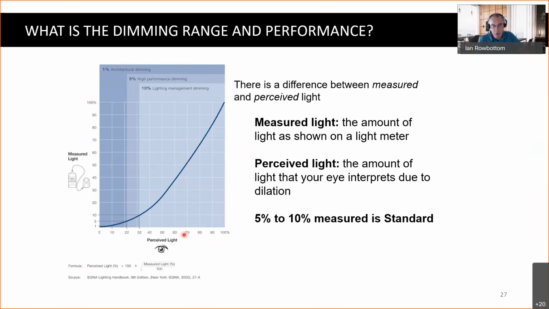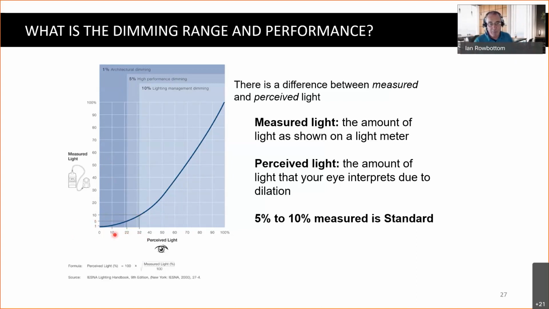So this gets a lot worse. Dimming for LED is typically standard between 5 and 10%. So if I buy a 10% fixture and I put this on this IES curve, it turns out that my brain, instead of thinking the light is at 10%, to me, it looks like it is at 32%. So that's not very good dimming. If I go to 5%, it looks like I'm at 22%.